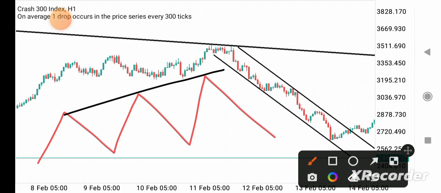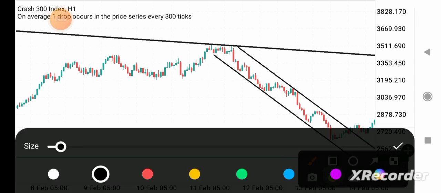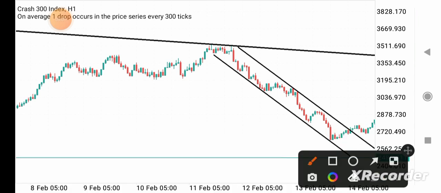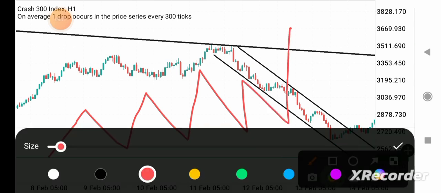Now there are times you will have something like this. Let me remove this. There are times you will have something like this. Let me use the red again here. You get the next one, then the next one, then the next one comes here, then the next one. Now let me see if I can really explain this thing I'm trying to tell you.